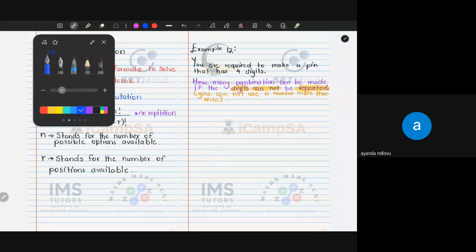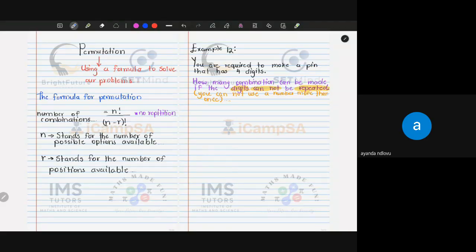So the first thing that we need to do is understand the question, in which we are required to form a pin, which is 4 digits. And how many combinations can be made if the digits cannot be repeated? So the first thing which we need to understand is the n. The n stands for the number of possible options available.